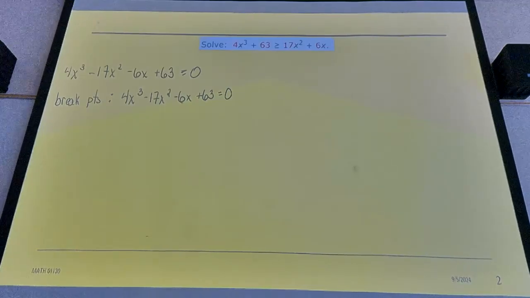Do you remember the technique for finding the zeros of a polynomial? You factor out 4x cubed minus 17x squared. We do that separately for the other thing. So I think you're trying to do factor by grouping, which unfortunately here I don't think is going to work. If it did, then yes, that's exactly what we would do. That'd be the easiest method.